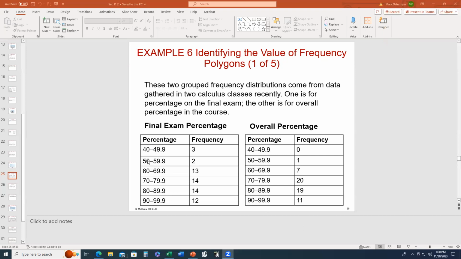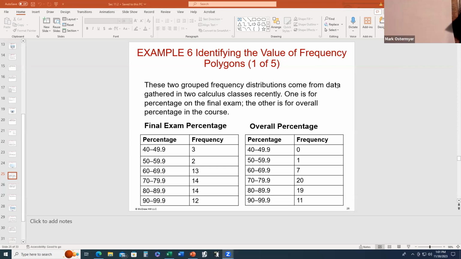10, 10, 50 minus 40, or 59.9 minus 49.9. These classes are 10 units wide. What would you suspect would be the case between the final exam percentage versus the overall average in the course grade?